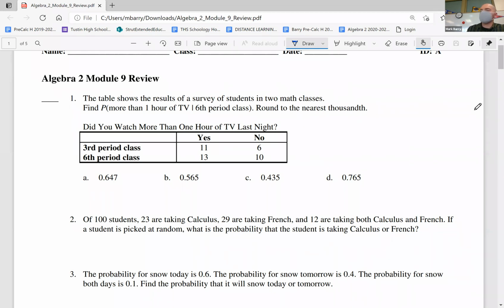Quick reminder, or advice: this is the actual question. This is the actual thing we're trying to figure out right here.